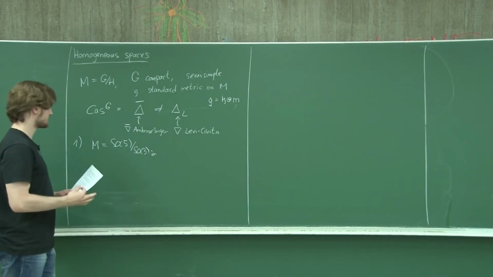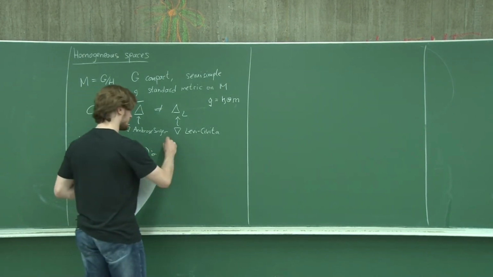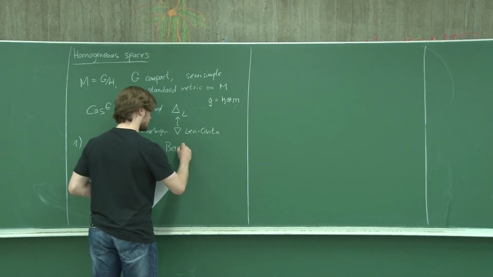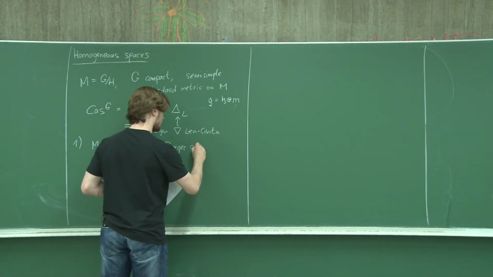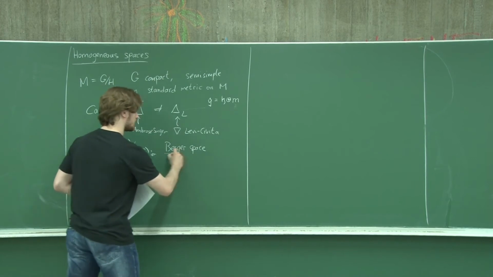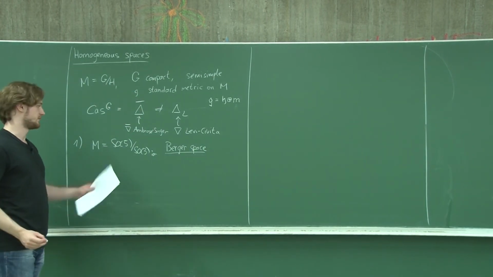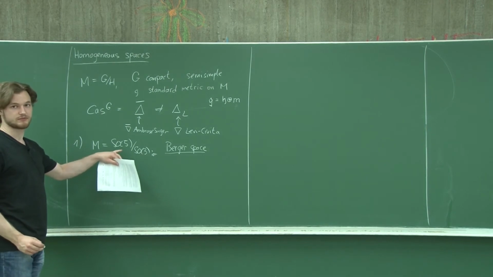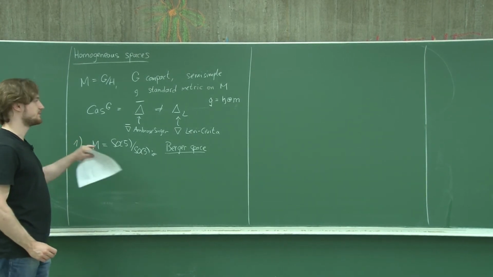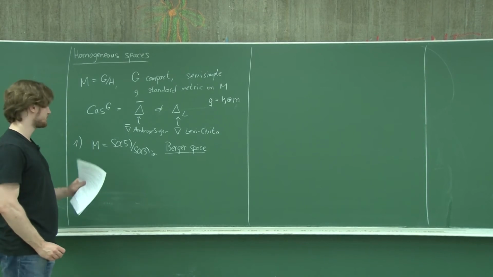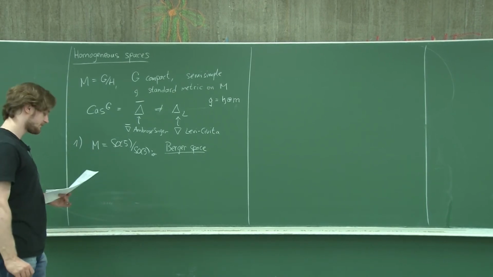So this quotient is called the Berger space. And this is isotropy irreducible, and in particular it's Einstein when equipped with the standard metric.